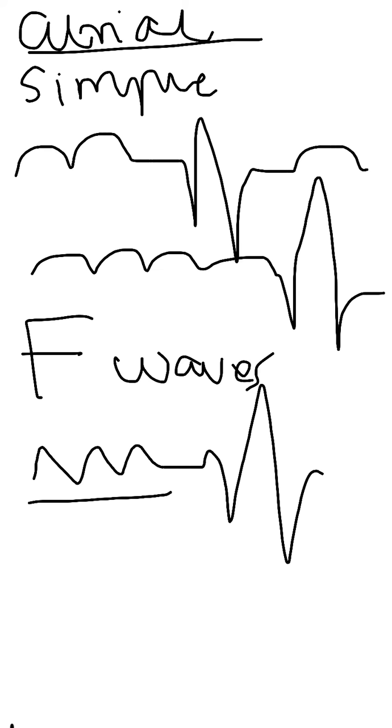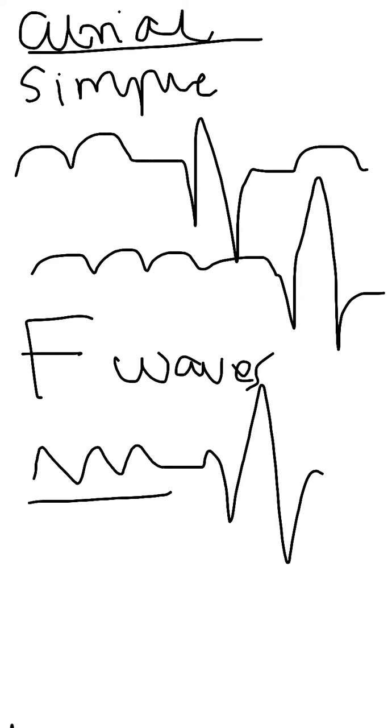When we start appreciating the ECG itself, we will look at a few of these. Then we have the third one, which is noted in fibrillations. In fibrillations, you're talking about a heart rate of over 350 beats per minute.